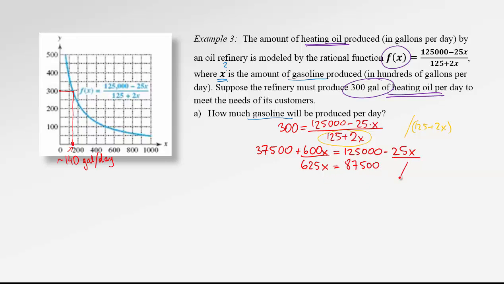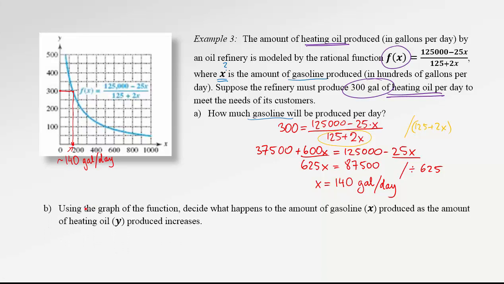And finally we divide the whole equation by 625, so x by itself is 87,500 divided by 625. It gives us exactly 140 gallons per day. So this time our estimation was perfect, but obviously it's not always the case.